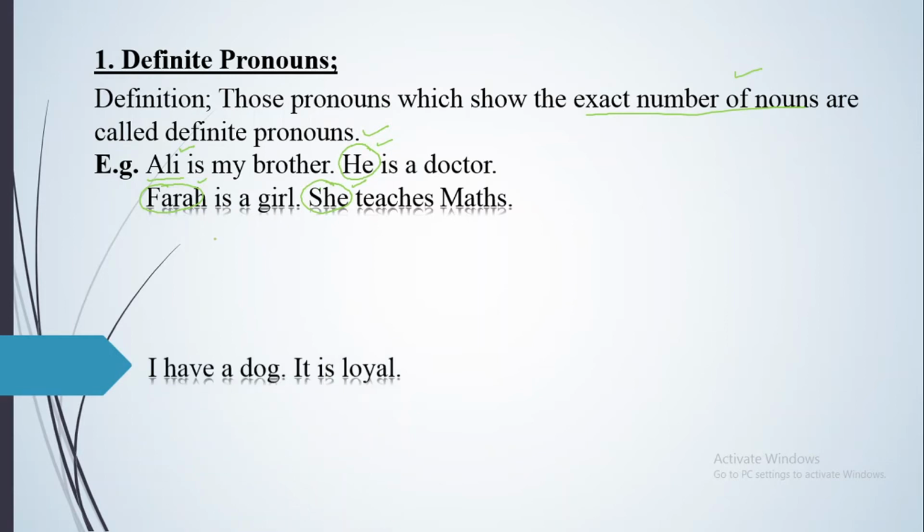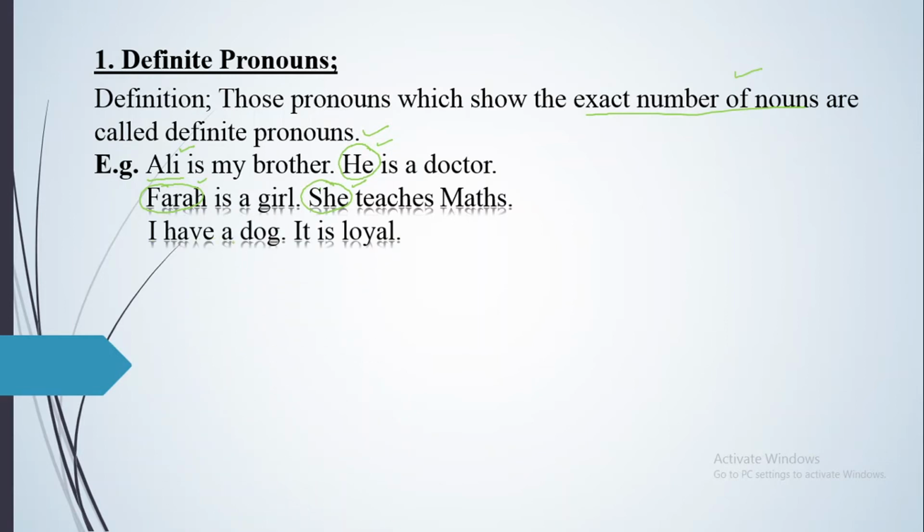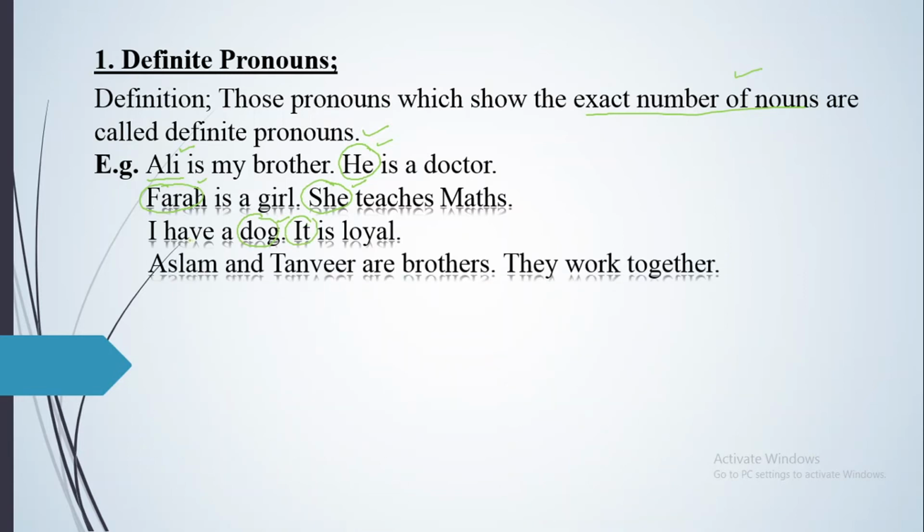In the same way, we have the next one: I have a dog. Now, dog is a noun, an exact noun we know about. For that, you will be using it. It is loyal. And the next example: Aslam and Tanveer are brothers. They work together.